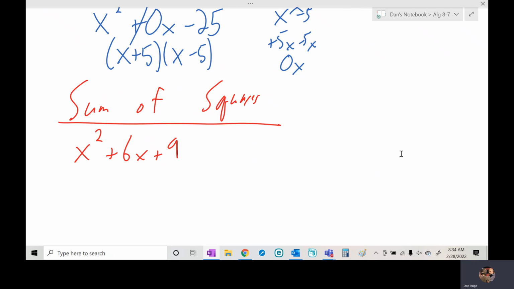The way that you know it's a sum of squares is if you take the square root of 9, 3, and then what's 3 times 2? So then you know it's a sum of squares, right? But that's too much for a lot of people to think about. Even me, when I factor, I don't necessarily go to that first.